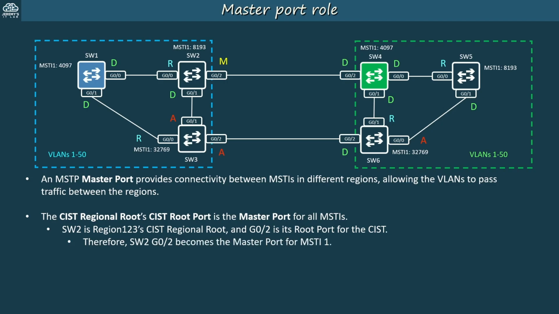Now, above I said that the CIST regional root's root port is the master port for all MSTIs. What about MSTI 2, which we saw earlier? Well, MSTI 2's VLANs, 51 to 100, are isolated to Region 123, so a master port isn't needed. We'll confirm that in a second.